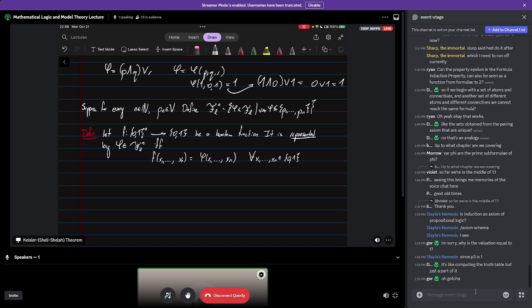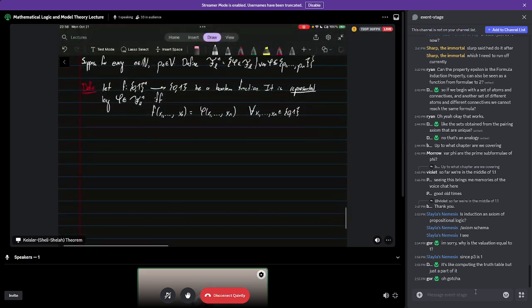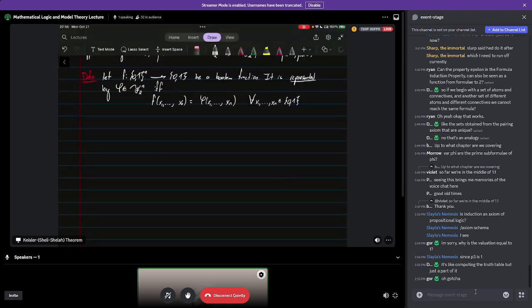So a Boolean function is represented by a formula if for all inputs they agree. So for example, if I look at the implication function, implication is represented by the negation of P1 and negation of P2, or negation of P1 or P2.